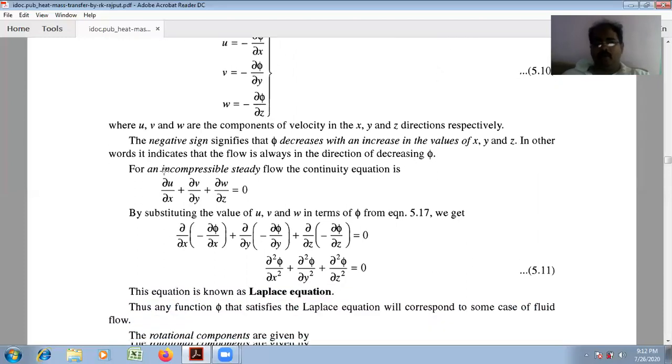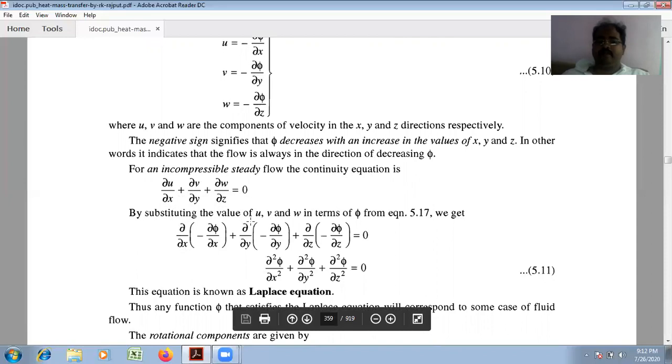So when we consider incompressible fluid flow, the continuity equation is given by del u upon del x plus del v upon del y plus del w upon del z is equal to 0.